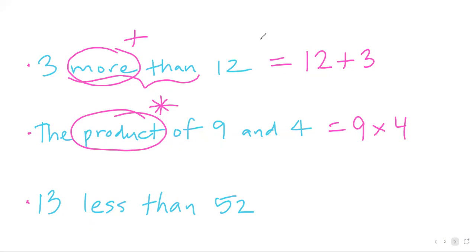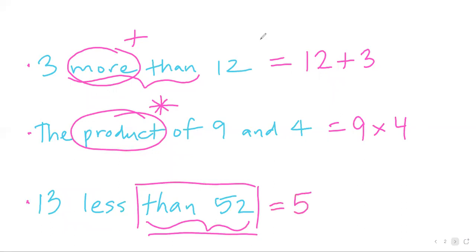This is one where the order does matter, right? It's going to be tricky here, but it says 13 less than 52. One of the tricks is that the word after "than" usually helps me know it's the first number I'm going to start with. So I have 52, and then less, which is subtraction, 13. And this would be my expression for that.